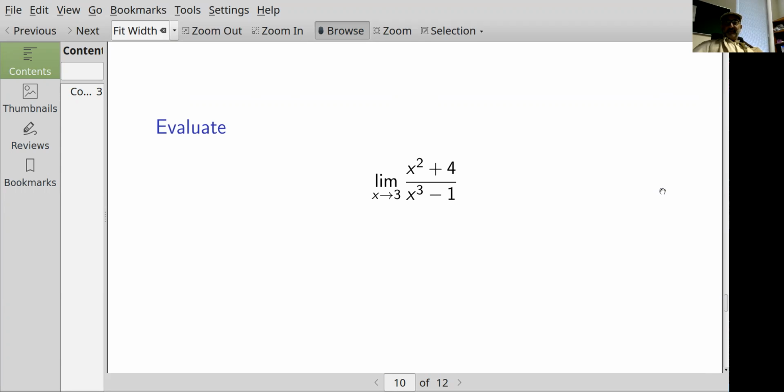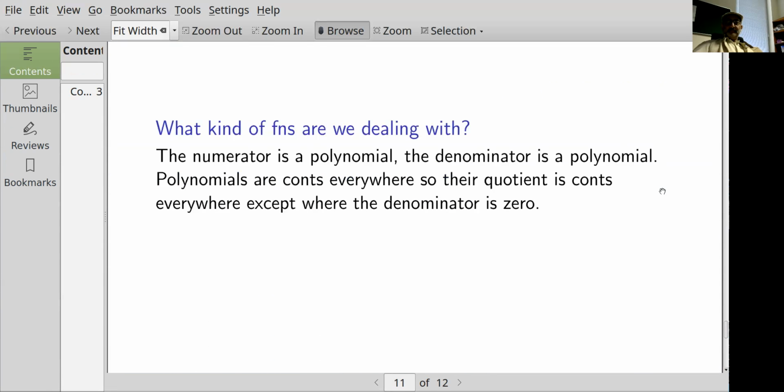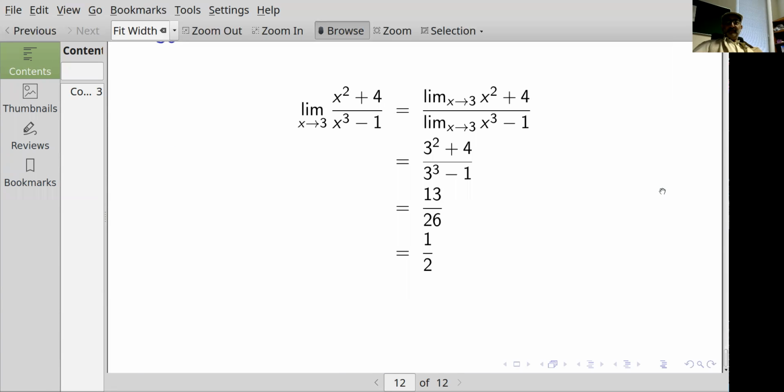It's not going to 0 at 3, so it is continuous at 3. So how do you evaluate the function? It's a continuous function. So just put in 3 squared plus 4 over 3 cubed minus 1. And if you do that, you will get 1/2.